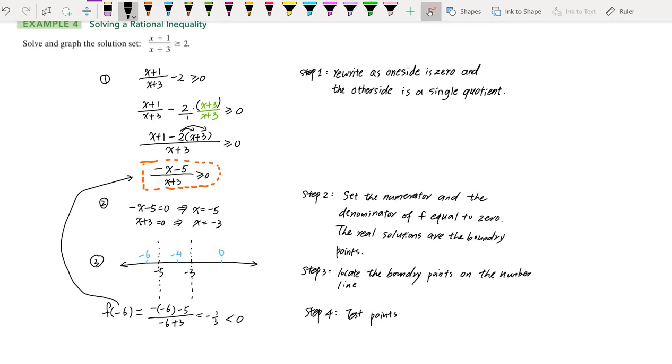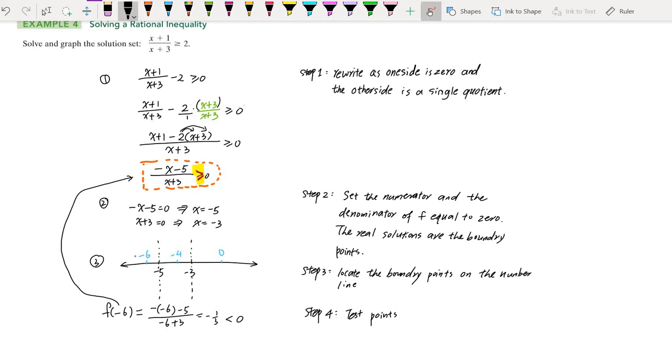So you have to ask yourself, is that your solution? Since the question was greater than or equal to, and my testing point gives me less than 0, that is not your solution.